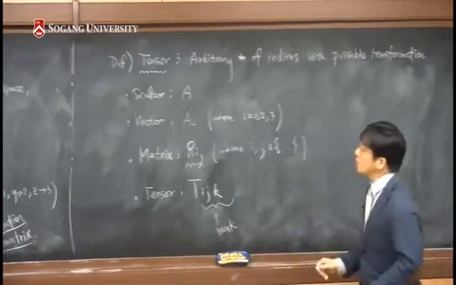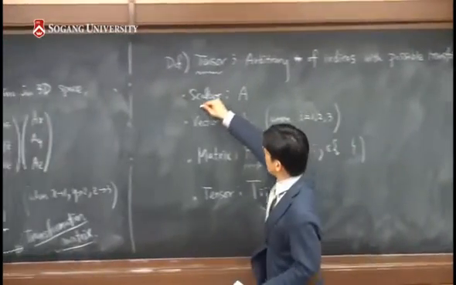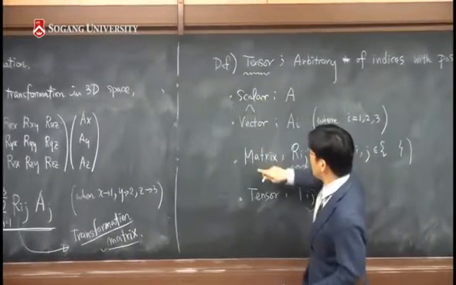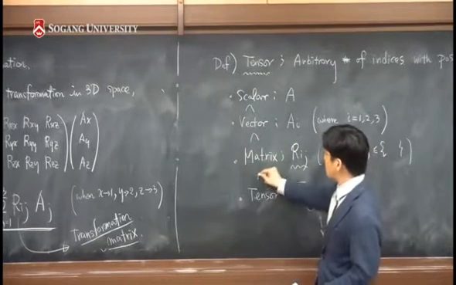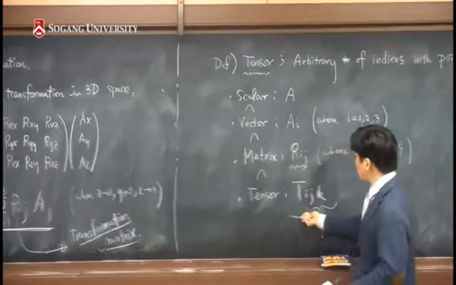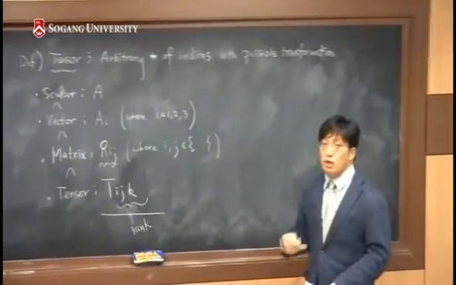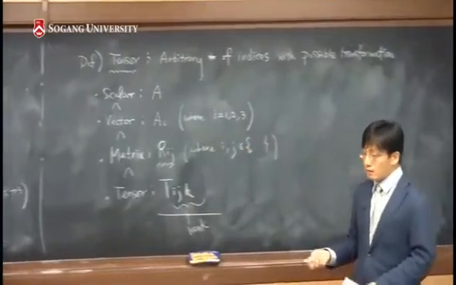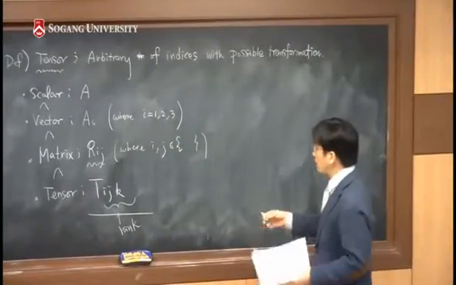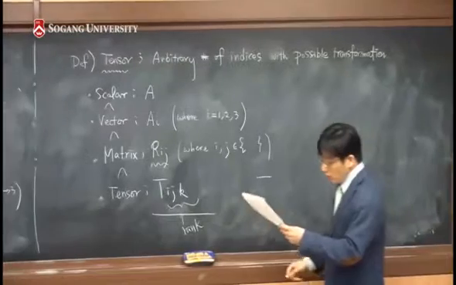Okay, so a vector is a bigger concept than a scalar, and a matrix is a bigger concept than a vector, and a tensor is a bigger concept than a matrix, which is usually used for the transformation of the matrix or the bigger tensor. Okay.